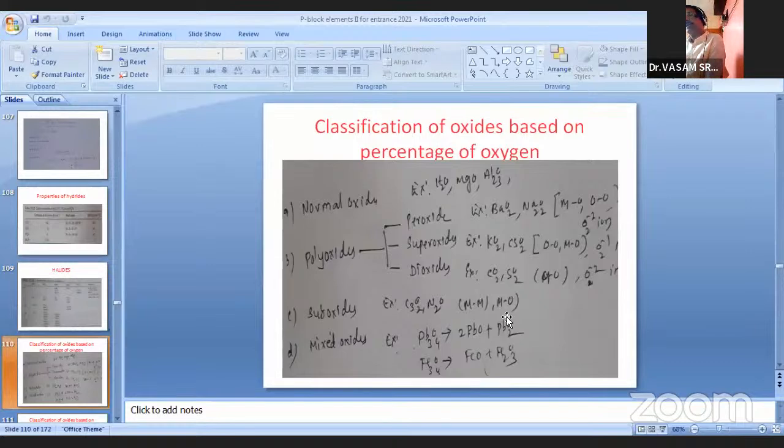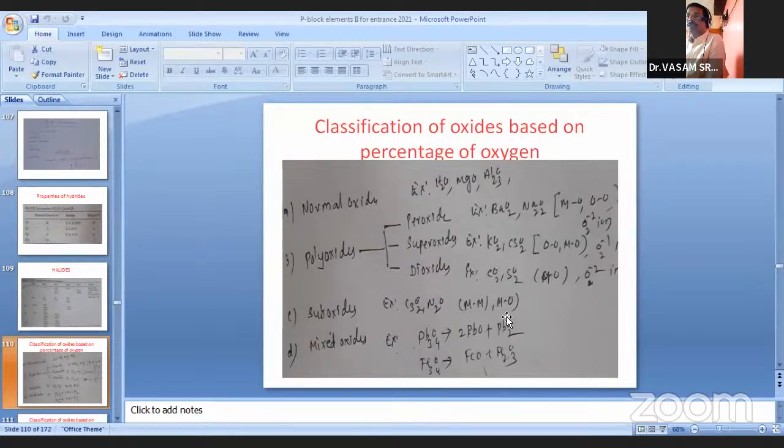And the last one, mixed oxides. Best example, Pb3O4, red lead. Pb3O4 is a mixed oxide. This oxide contains two oxides, one is PbO and the next one is PbO2, lead monoxide and lead dioxide. Two moles of lead monoxide and one mole of lead dioxide combine together to form Pb3O4.